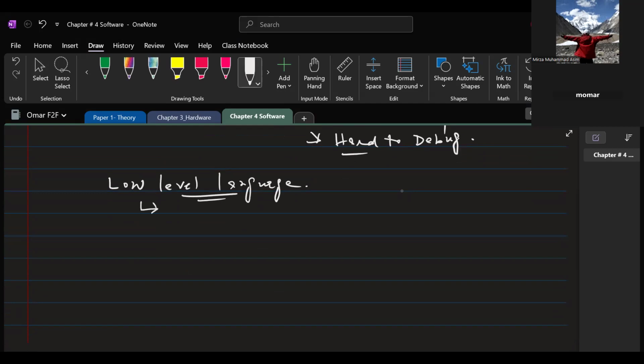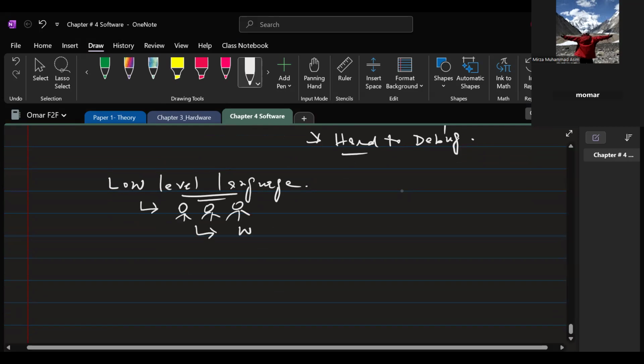Low level language allows the programmers to write the programs using mnemonics.